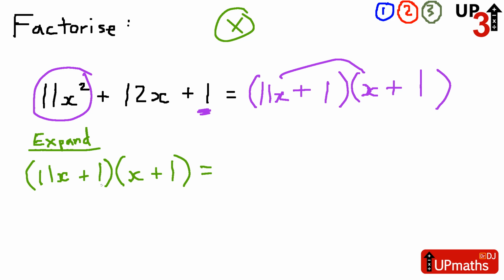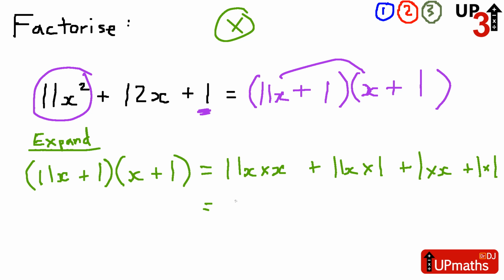So let's not do that. Let's stay focused and we're just timesing. So it'll be 11x times x plus 11x times 1 plus 1 times x. So I'm just really spelling it out here, just in case you weren't quite sure what's happening.